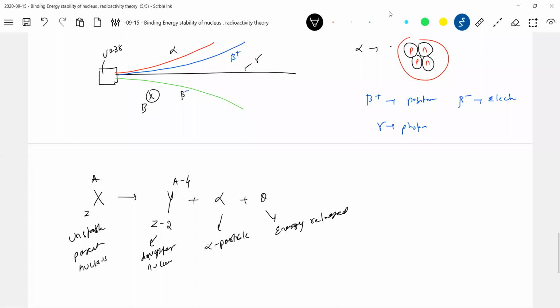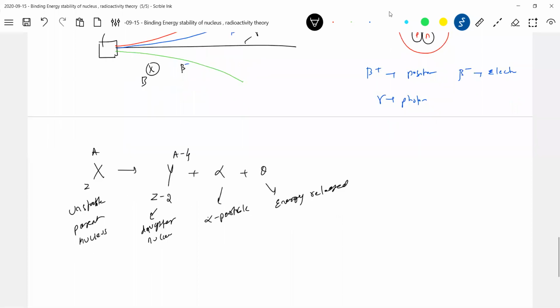And next we have beta decay. There are 2 types of beta decay. The energy release I'll tell you later on, because it will not help you much here. One is beta minus decay.